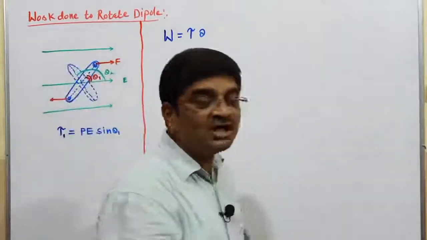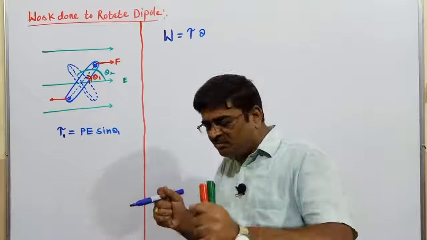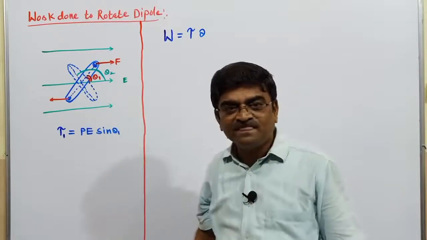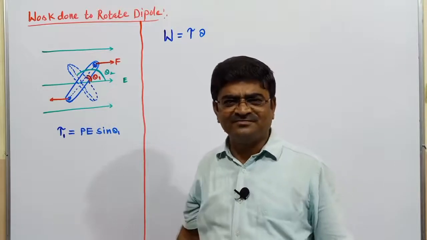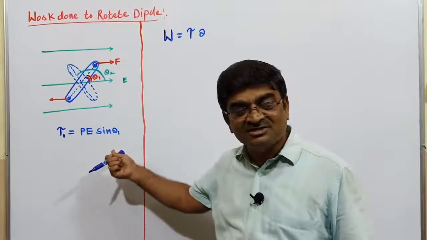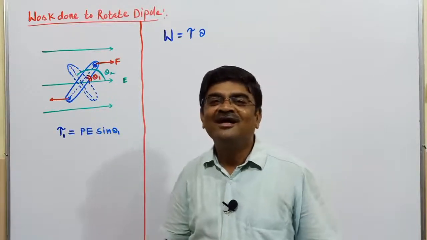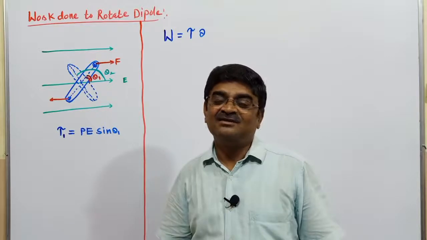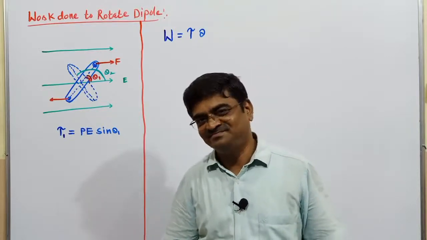So what I notice is that as I go on progressing while rotating the dipole, I will be experiencing a torque of different magnitude, because theta will change, so the applied torque changes. So the torque which is involved in this work done is a variable.